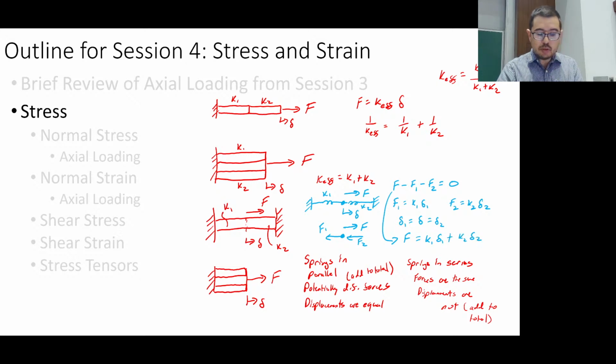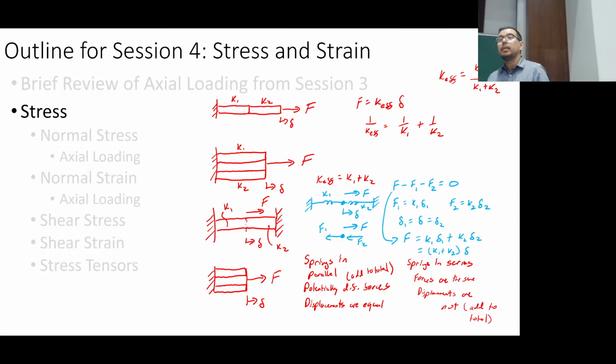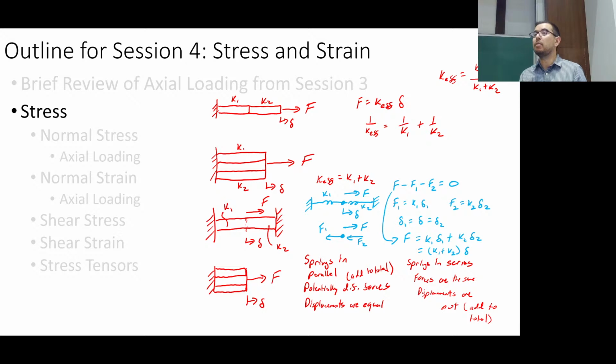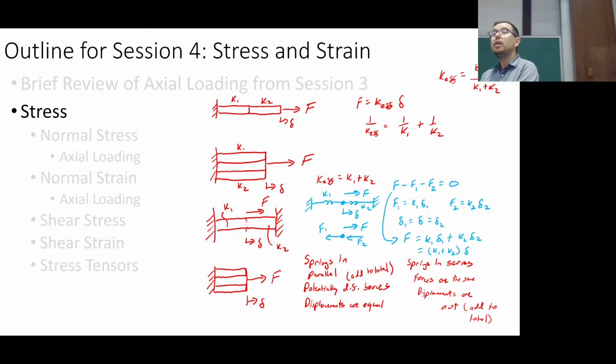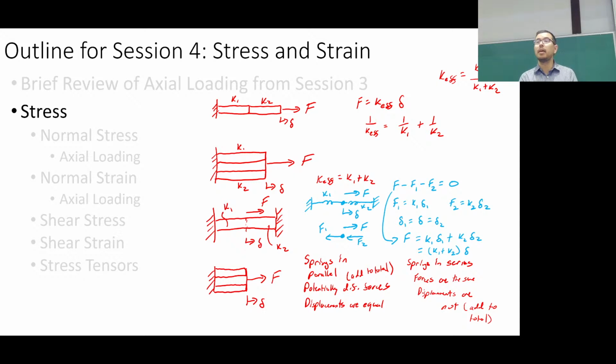And now I know that those deltas are all the same, and so I have K1 plus K2 times delta. And that's the equation for springs in parallel. So if you didn't believe my flipperoo, the math and the physics bear this out.